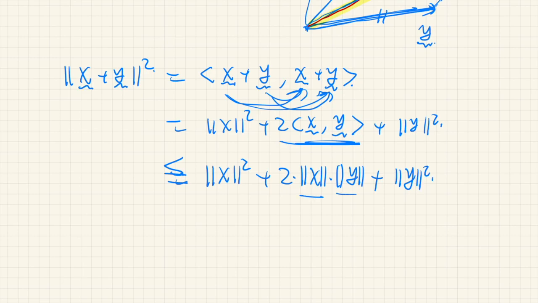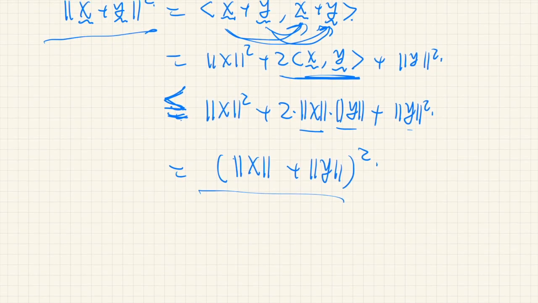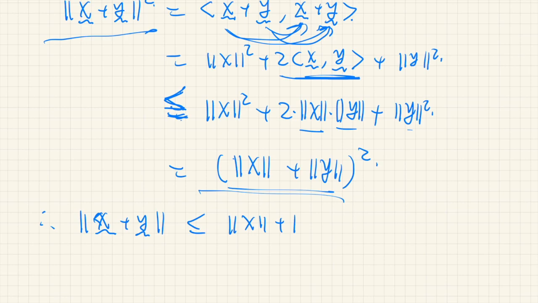But these norms are just real numbers, so we can factorize this as the norm of x plus the norm of y, everything squared. Then the norms are positive, so from these inequalities, take the square root of both sides. Then we have the norm of x plus y is less than or equal to the sum of the norms. And we're done.